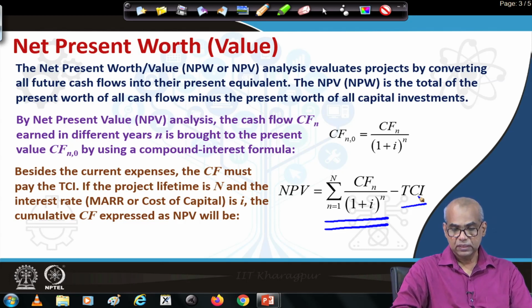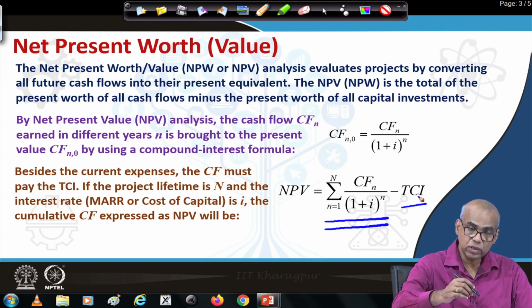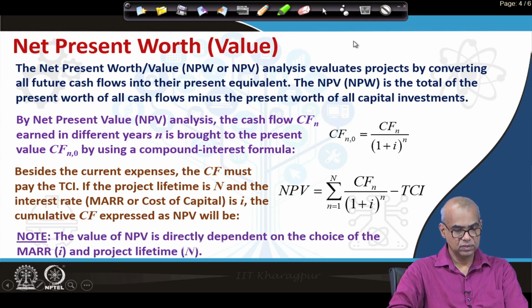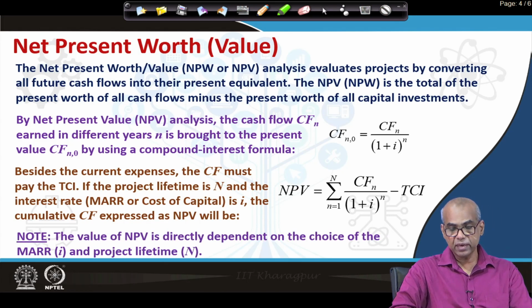Note that the small n represents years here, and we started with n equal to 1 to n equal to capital N. The value of NPV is directly dependent on the choice of the minimum acceptable rate of return, which is i, as well as project lifetime, which is represented here as capital N.